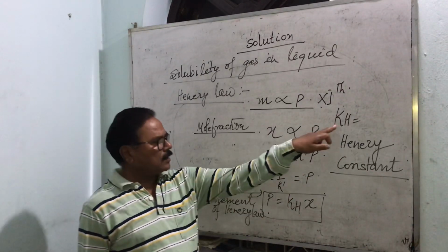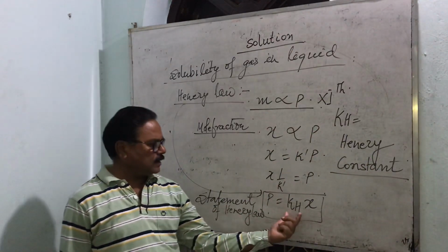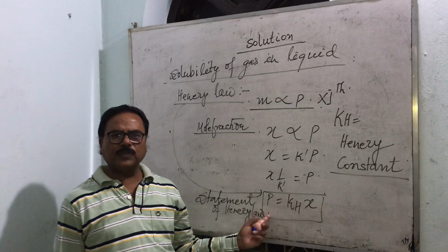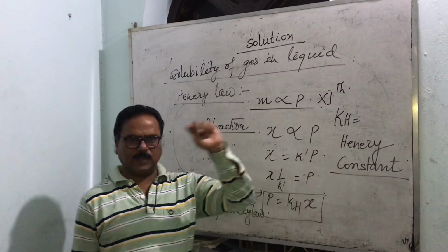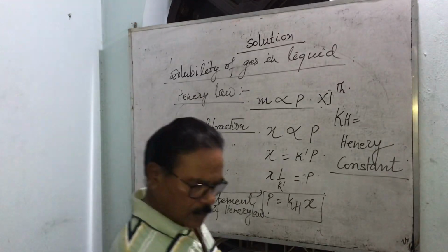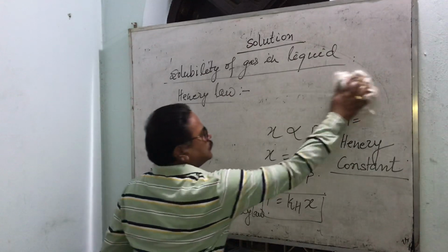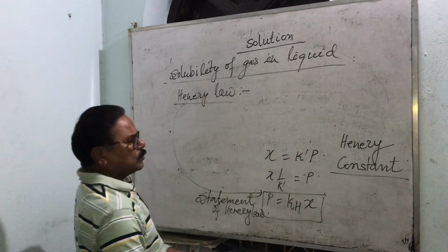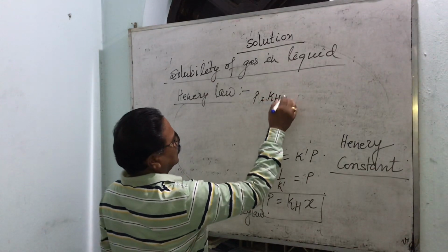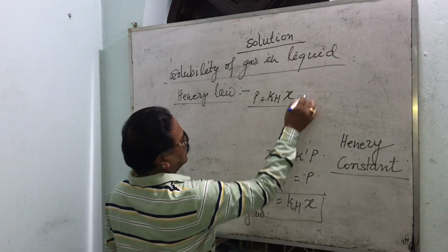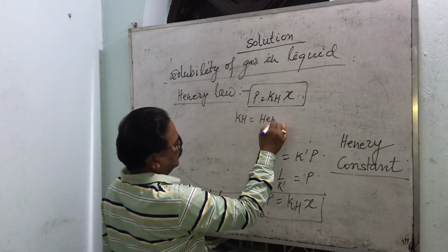This KH is the Henry constant, defined as the proportionality constant of Henry's law. So we take Henry's law, P is directly proportional to KH into X, where KH is the Henry constant.